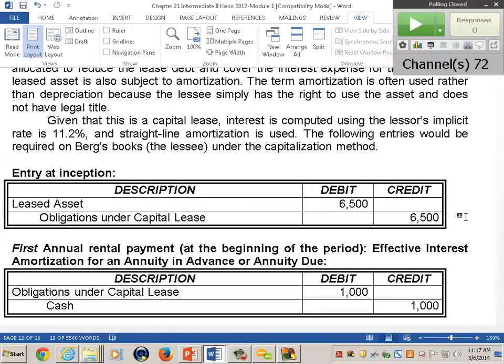Here's what happens when you have an annuity in advance. The payment comes off at the beginning. So out of that $6,500, the cash payment reduces the liability, so only $5,500 is subject to interest.